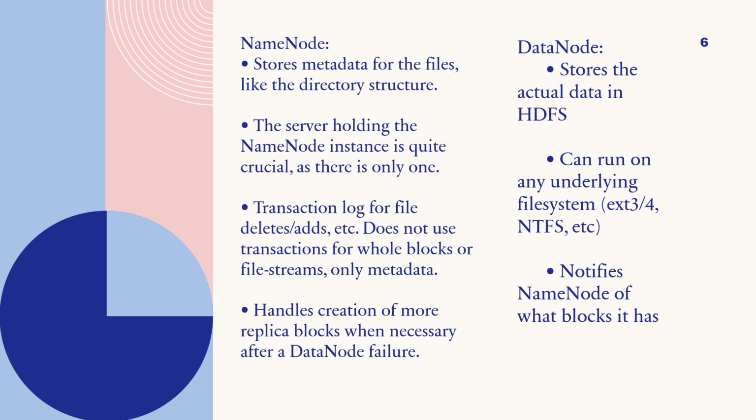It handles creation of more replica blocks when necessary after a data node failure. Data node stores the actual data in HDFS, can run on any underlying file system, and notifies name node of what blocks it has.